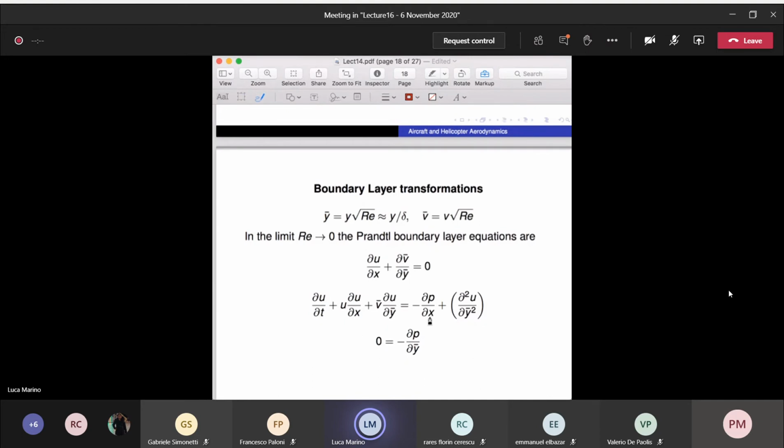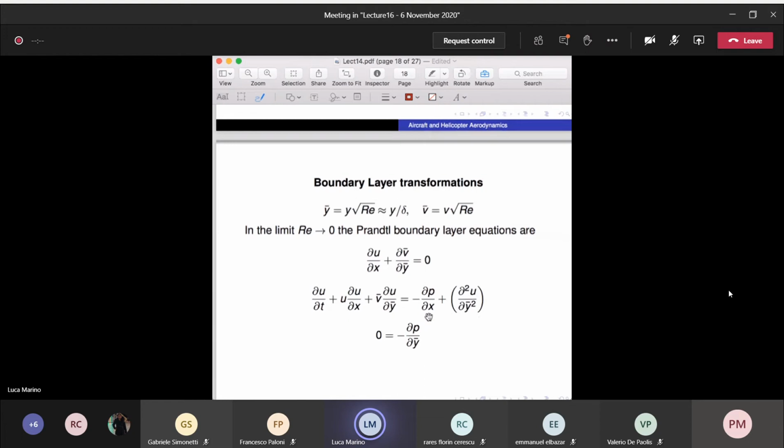In particular, if it is not dependent on y, you can evaluate it for the value of y that you prefer. In particular, you can evaluate the pressure also from the solution out of the boundary layer, so the solution of the Euler equation.